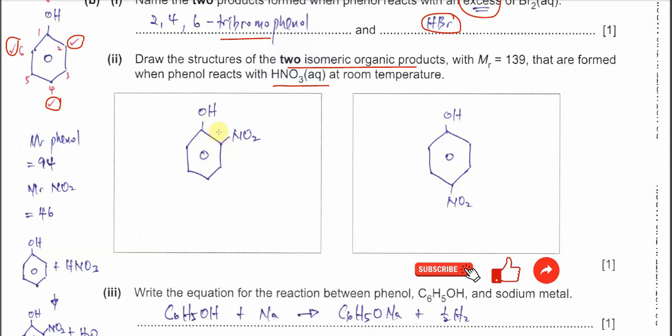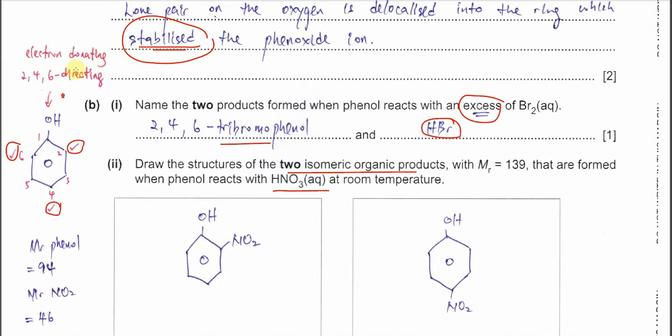It will be 2-nitrophenol or 4-nitrophenol. Why? Because phenol is 2,4,6 directing. Because the OH group is an electron donating group, whenever an electrophile approaches, the substitution for phenol is always at 2,4,6.